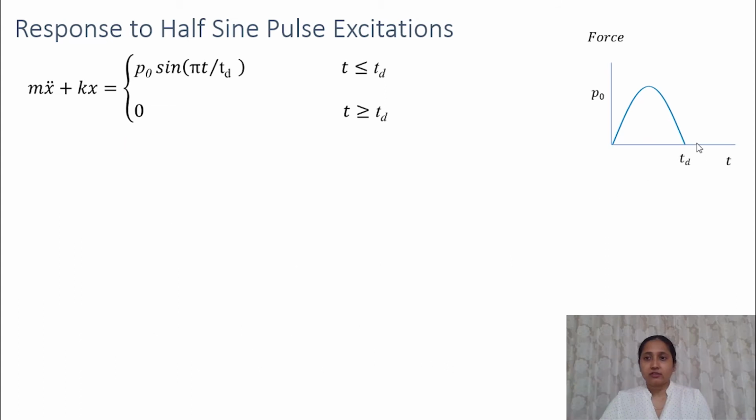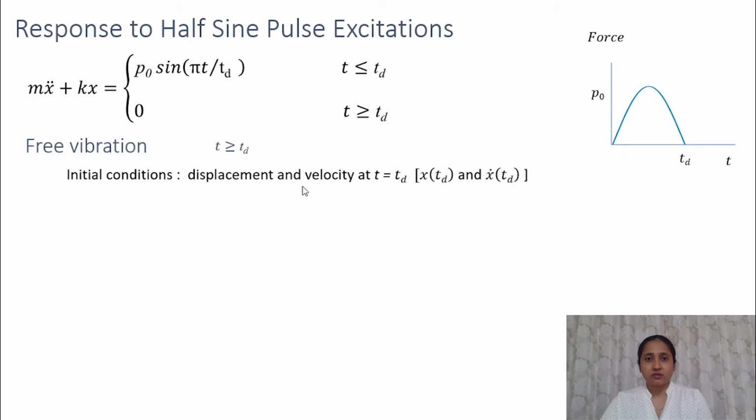Now let's find the free vibration response. The free vibration response depends upon the displacement and velocity at t equal to Td, that is, when the force stops. So we can find x(Td) and x dot(Td), and we can find the expression for the response when omega is not equal to omega n.